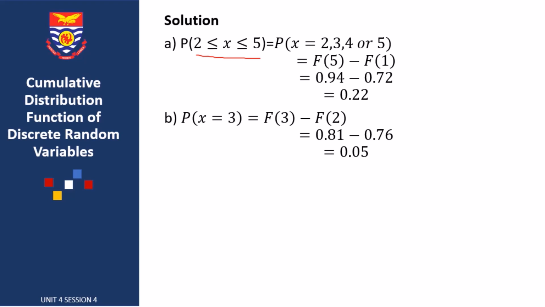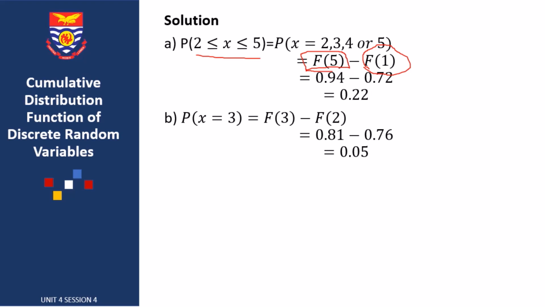So to get from 2 to 5, just take off f of 1 from f of 5, that's the last number, and we will have the probability. And you know, f of 5 is 0.94 and f of 1 is 0.72. That gives us 0.22. We talk about cumulative. If you have 2, how do we get the 2? We added 1 and the 2 itself, getting the 2 cumulatively. If you have 3, we added 1, 2, and 3 itself before getting the 3 as a cumulative.